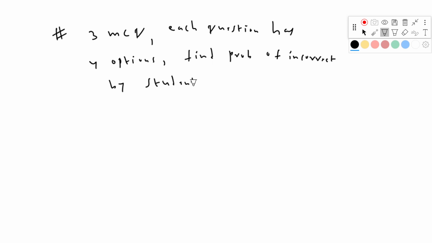Okay. Here 3 MCQs are there. So out of 4 options, 1 will be your correct answer, right? So the correct one should be 1 out of 4. Out of 4 options, 1 option will be correct. Remaining incorrect options are 3. 3 out of 4 are incorrect by one student.